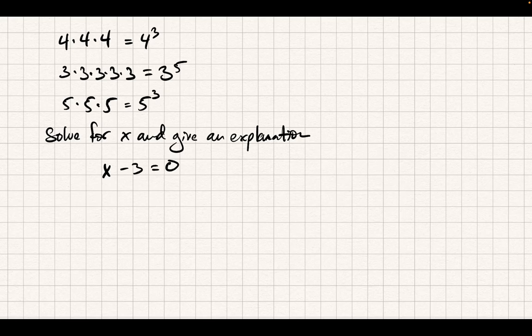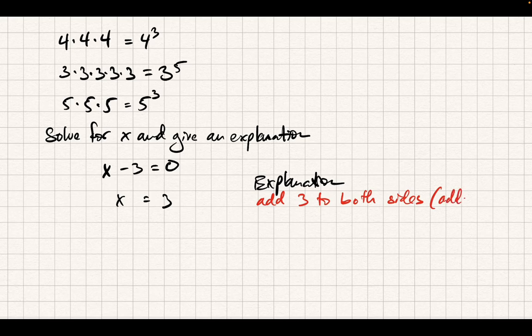Because you add 3 to each side, then you keep your equals. Or you could say you added 3 to both sides, or you could say additive inverse.